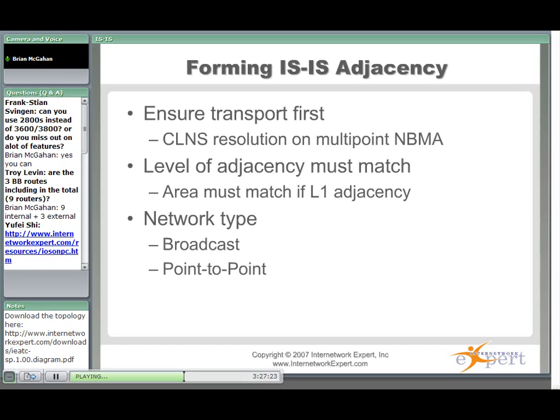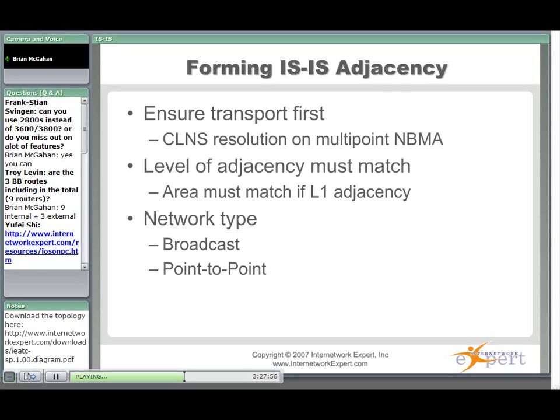Now, in order to form adjacency in IS-IS, we need to take into consideration that it is not an IP protocol. So this means that we need to make sure that we have transport for the CLNS stack first. On broadcast medias like Ethernet or point-to-point links like PPP or HDLC or point-to-point interfaces in frame relay and ATM, that's not going to be an issue, because with Ethernet, layer 3 to layer 2 resolution is going to be automatic, and with the point-to-point medias it's not required because there's only one destination on the other side of the link.